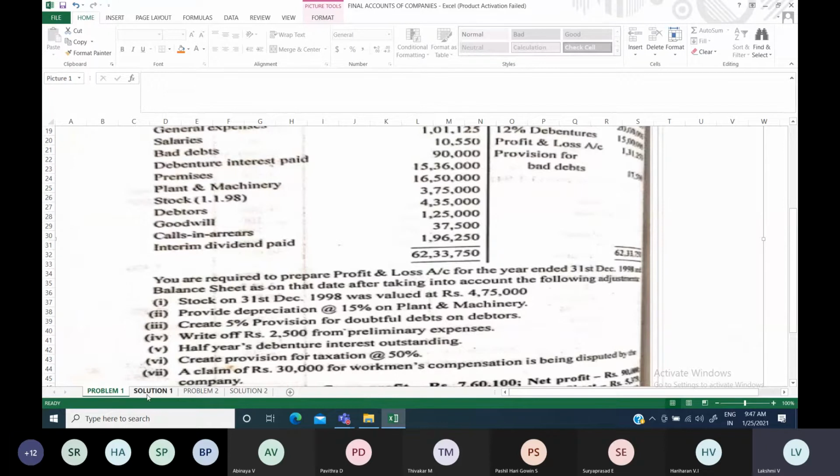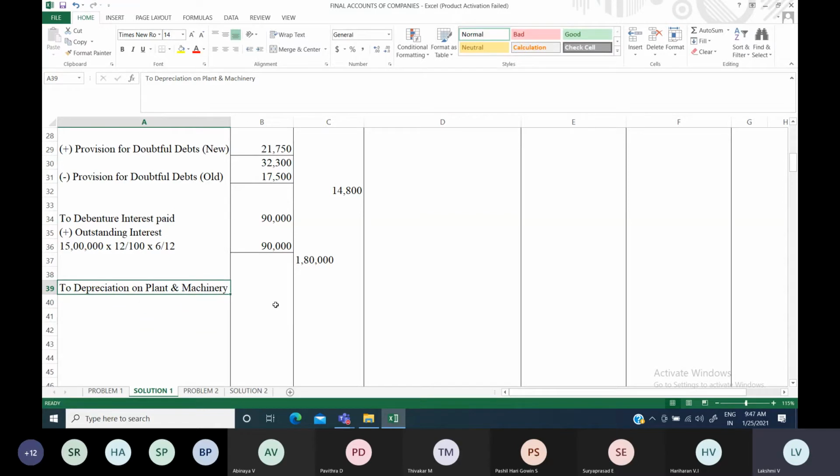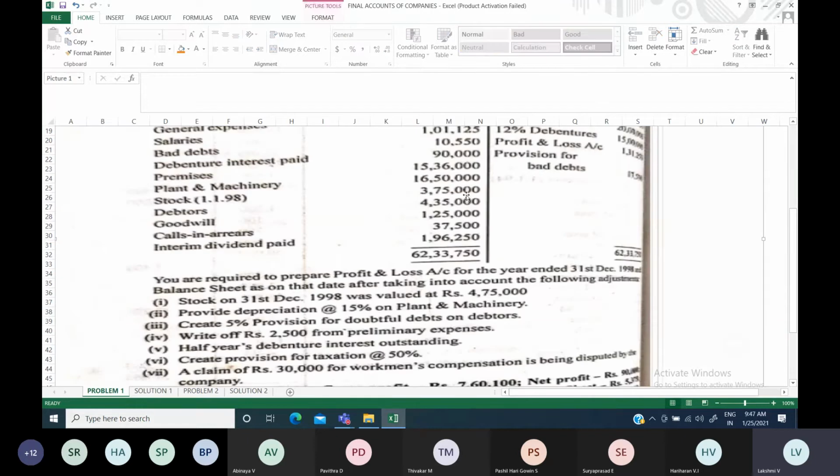So I mention depreciation on plant and machinery. Only that item has been given for depreciation, I think. The amount here is 16,50,000 into 15 by 100.